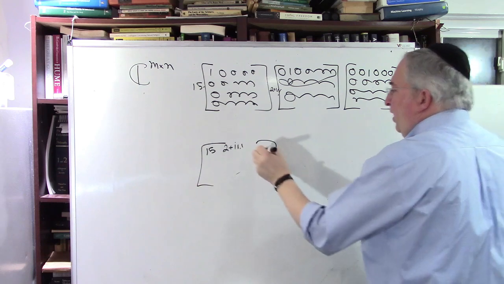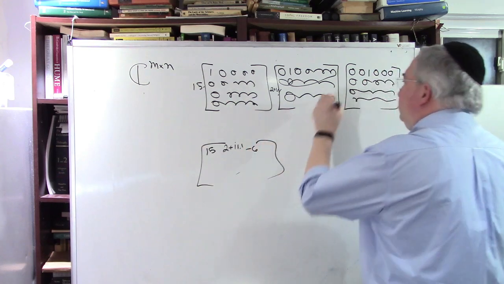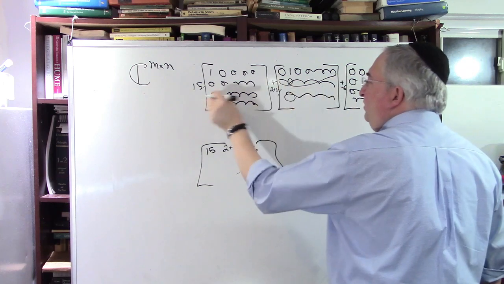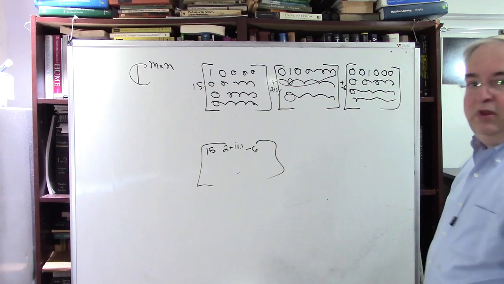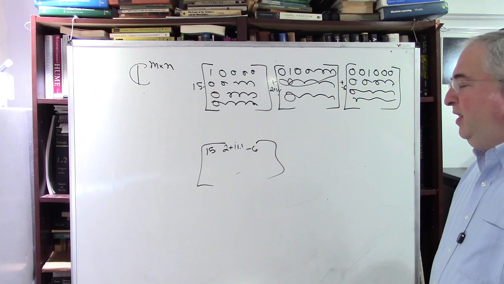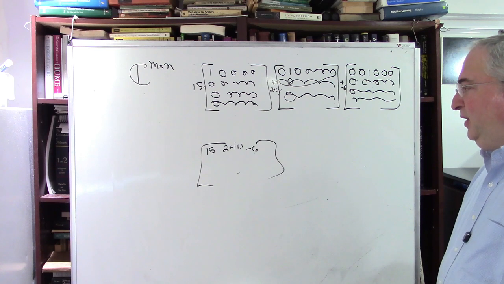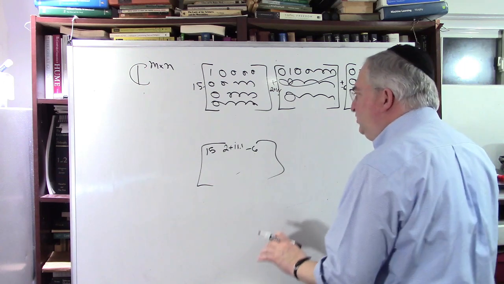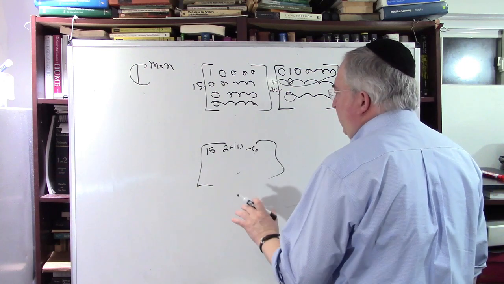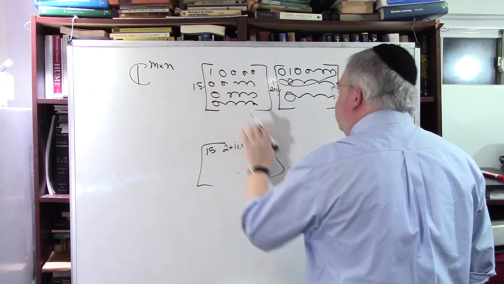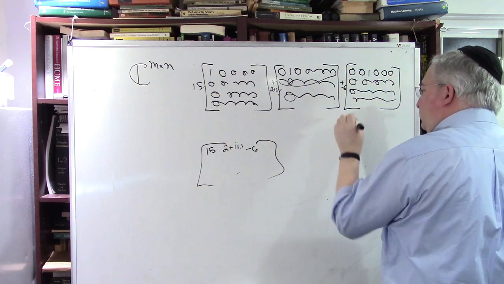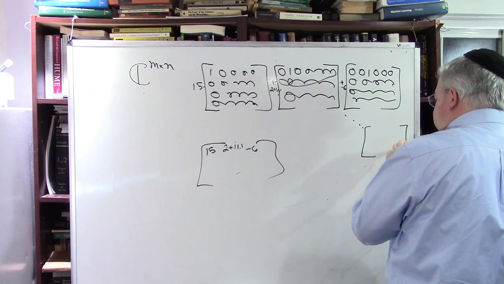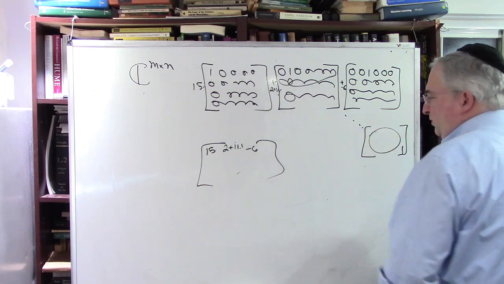You're going to have a minus 6 over here, so we scalar multiply this by minus 6. Then add them all together, and you get the whole complex matrix. So every matrix can be written as a linear combination of this matrix plus this matrix plus this matrix, and so on, all the way down to the matrix that only has a 1 over here, and all the rest are 0.